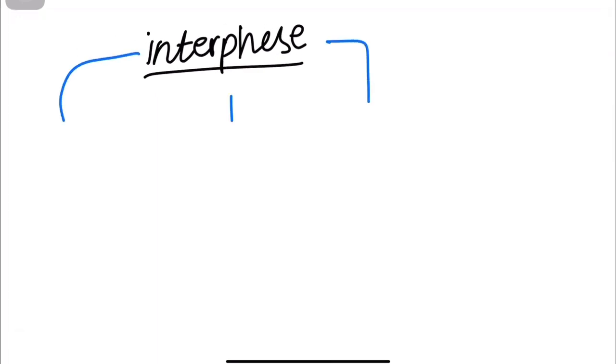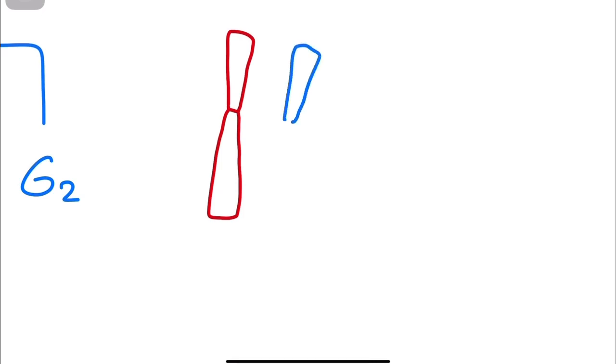أولا بداية الانقسام مرحلة interphase، وهي ما قبل البدء البروفيز، صح؟ We took it before. We have the G1, the S, the G2, growth, DNA, blah blah. المهم عندي I have this chromosome. Let's say this is from my mother, and let's say this is from my father.